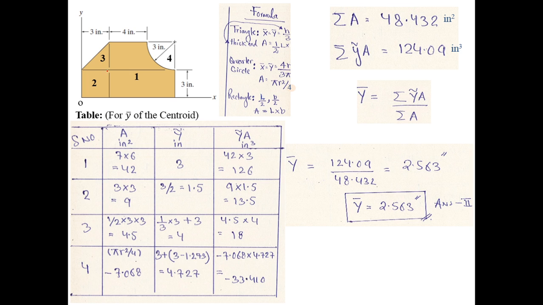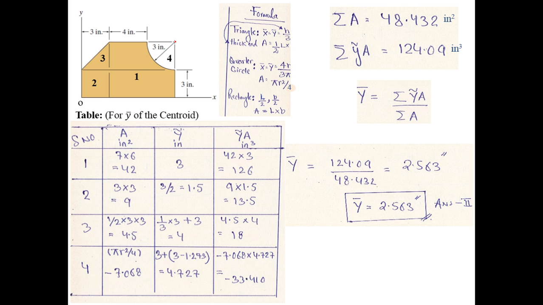And for the triangle, you can use h by 3 from the thicker end. From the thicker end of the triangle, the centroid is h by 3, which is 3 by 3 actually, and then you have to add this value of 3 because you are calculating the centroid from the origin, please remember. So h by 3 plus 3 gives you 4, right? 3 upon 3 plus 3 is 4.